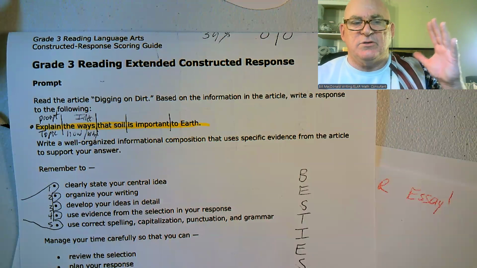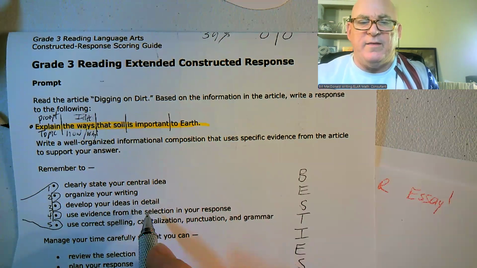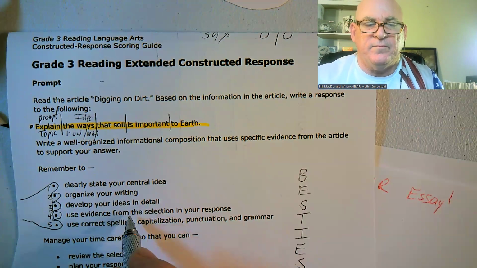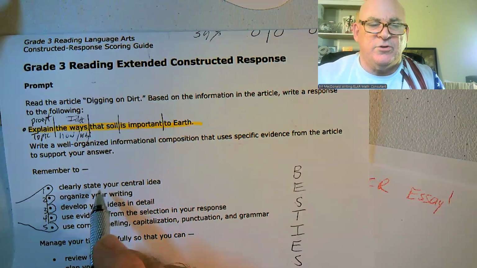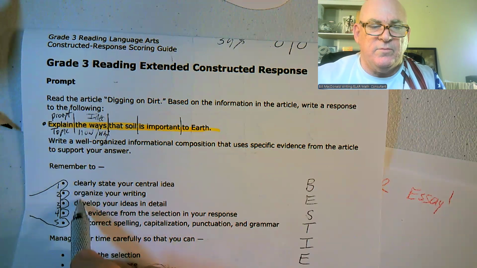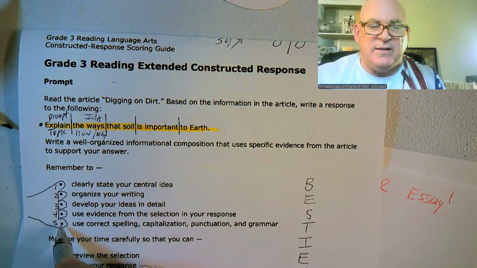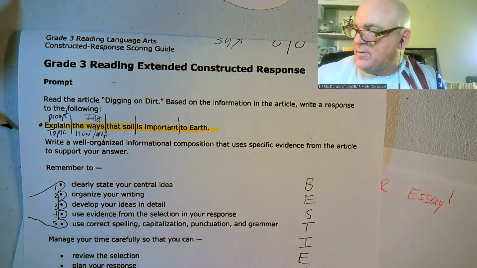It's your students' understanding of the text and the way they explain it. And so the most your students can get on what is called development and organization, D&O, is a 0, a 1, a 2, or a 3. The conventions is the last bullet. Use correct spelling, capitalization, punctuation, and grammar.